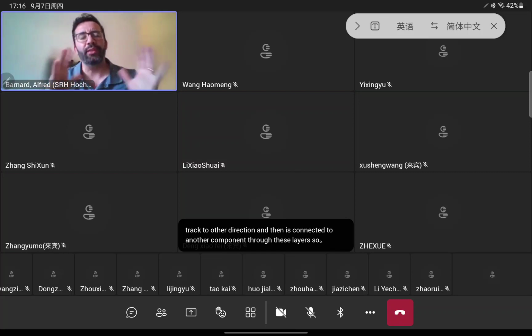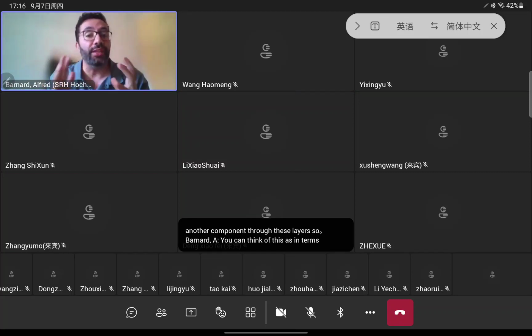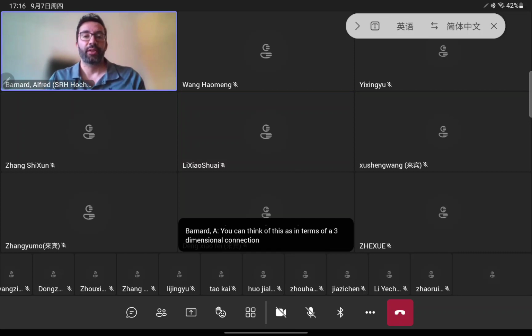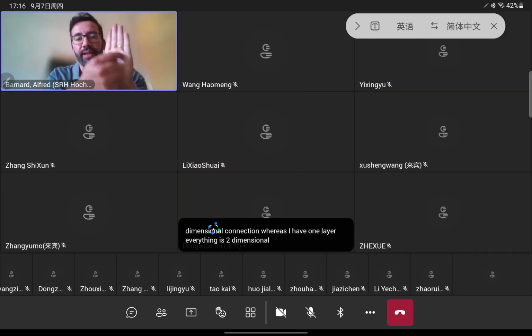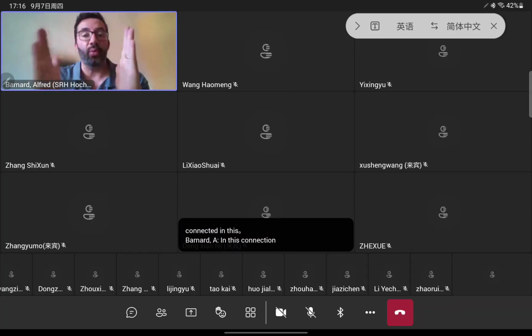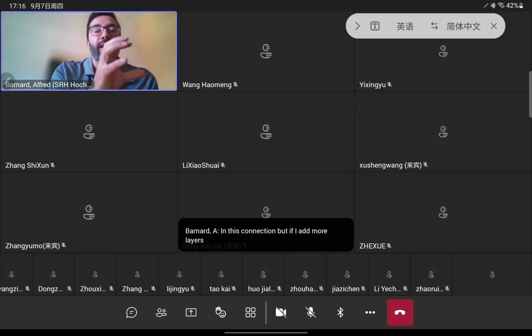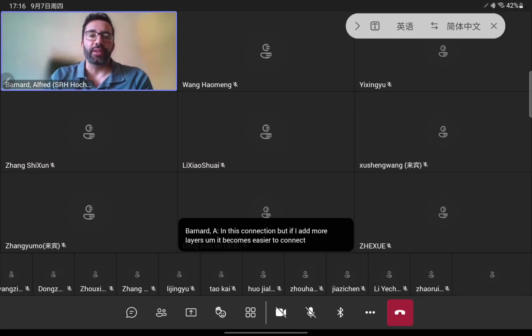So you can think of this in terms of a 3-dimensional connection. Whereas with 1 layer, everything is 2-dimensional because everything is connected in this connection. But if I add more layers, it becomes easier to connect my components.